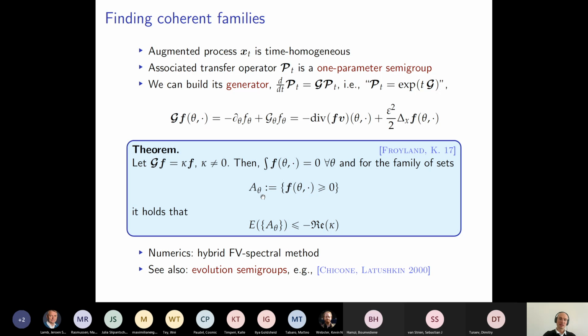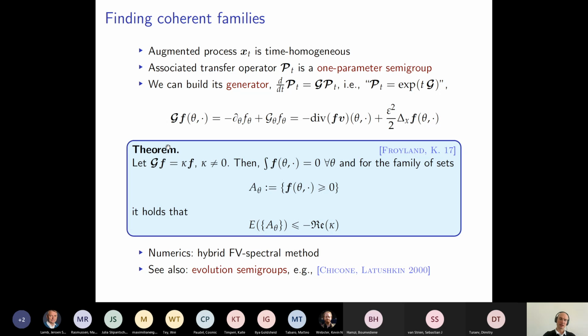So at time theta, I will define the set A_theta as where the theta time slice of f is larger or equal than 0. This now partitions my state space at every time, and I have a moving, changing family of sets. And this changing family of sets has an escape rate which is bounded by the real part of my eigenvalue.